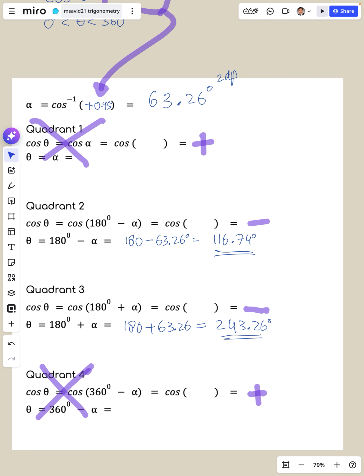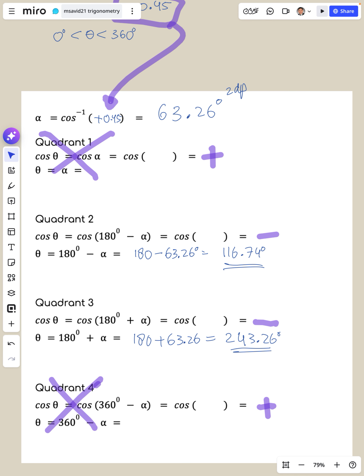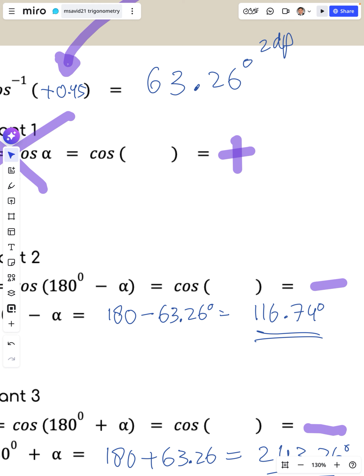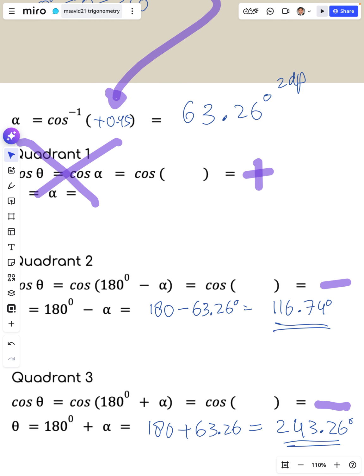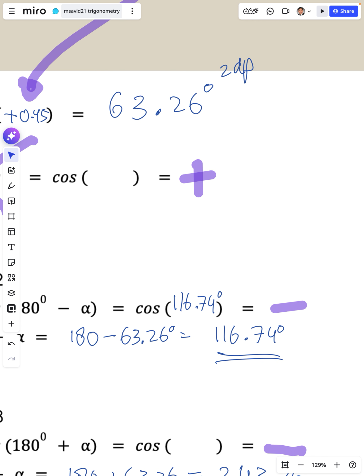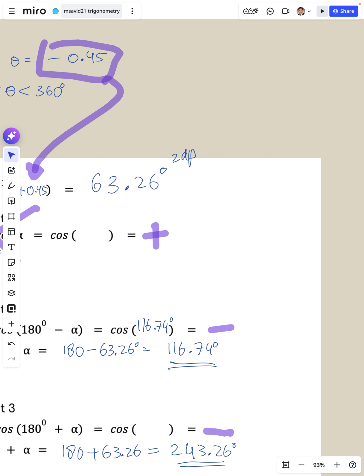But just to make sure, let's check our answer in quadrant 2. Cosine 116.74 degrees. If you press cos 116.74, you will get negative 0.45.